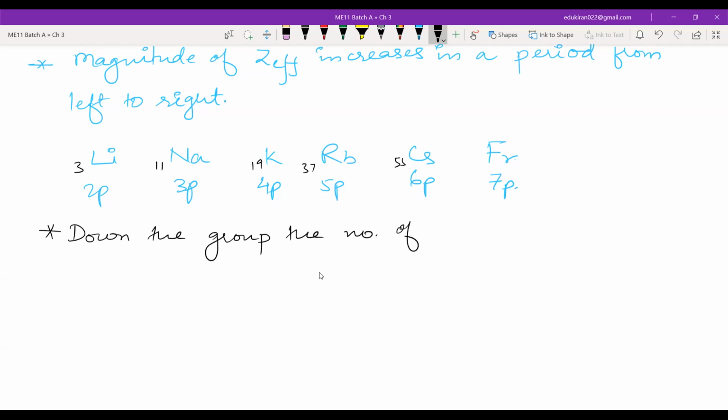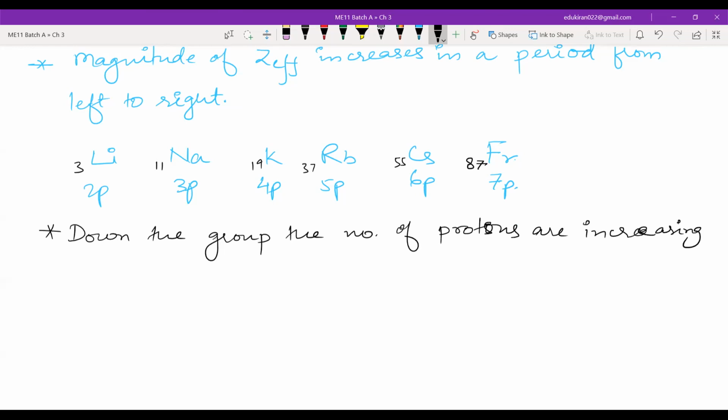This is 55, and after 55, the last one, please. After 55, add 32. 87. Okay. Down the group, the number of protons are increasing.